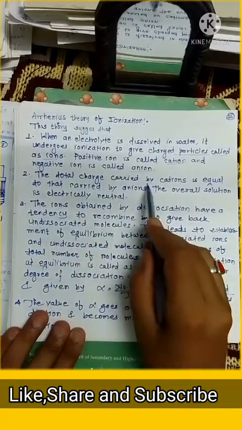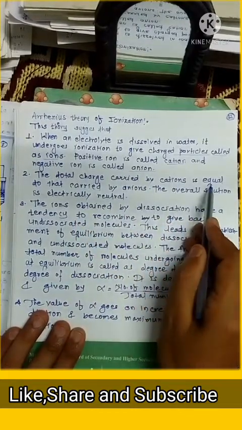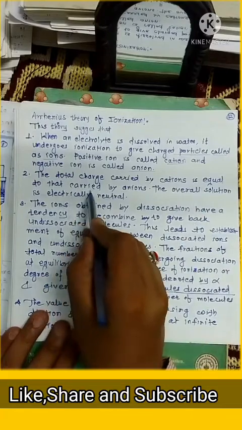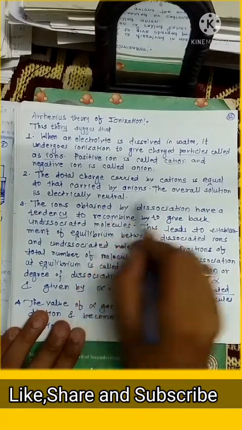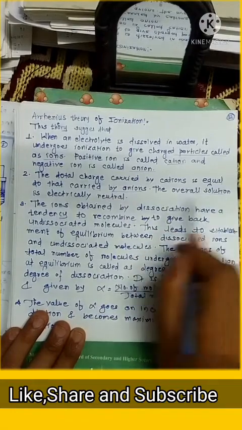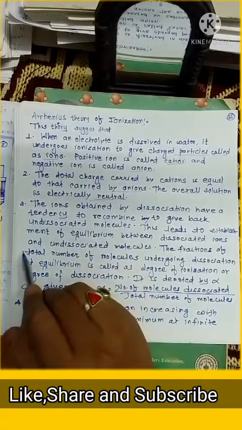The total charge carried by cations is equal to the charge carried by anions. Therefore, the overall solution is electrically neutral.